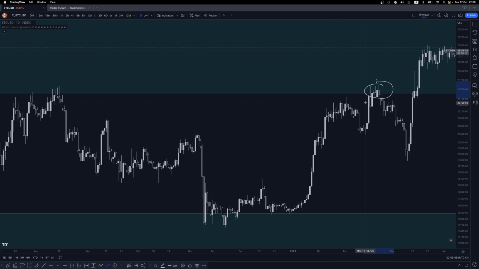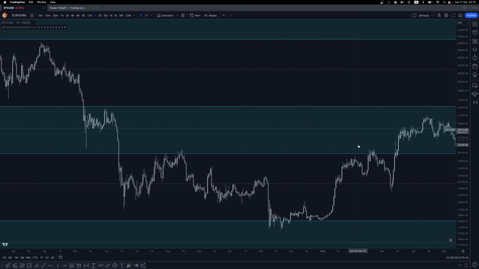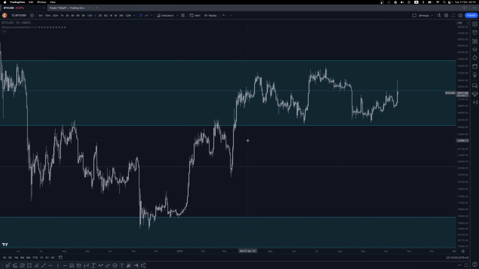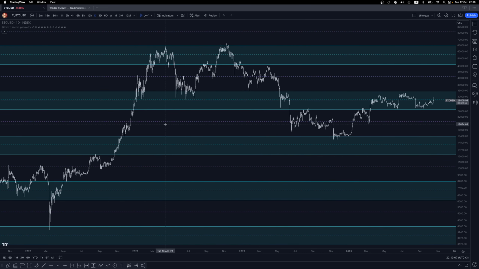Right at the beginning of the other band. Where does it find support after the retrace? Right on the middle of the 2 bands, right? So basically, this is just another way of finding 1-to-1 ranges that seem to have some sort of importance. And like I said, you can draw this on any chart that you want, right? Because it's irrelevant to price. These levels will always be the same.